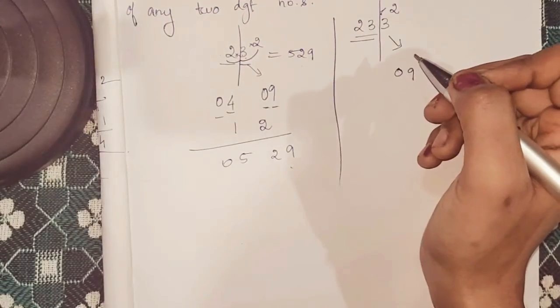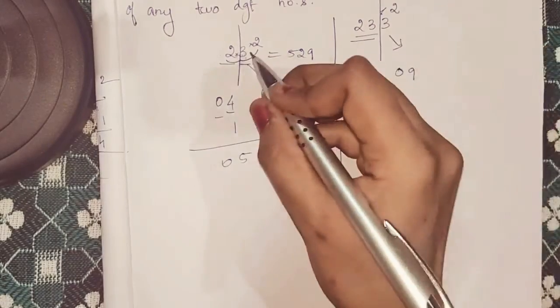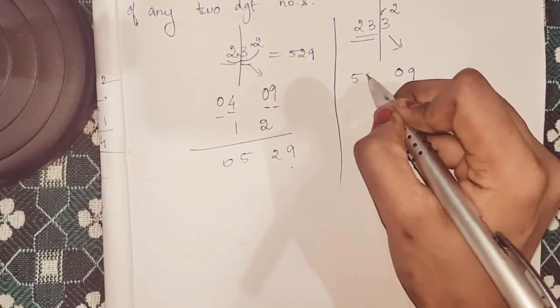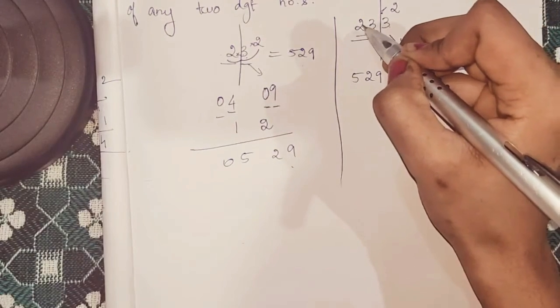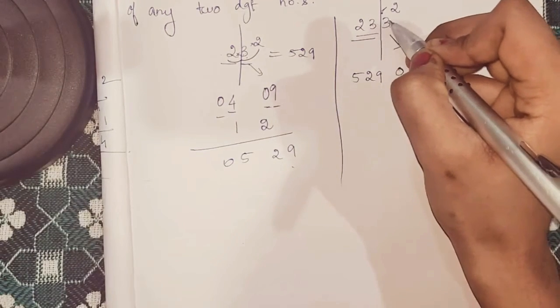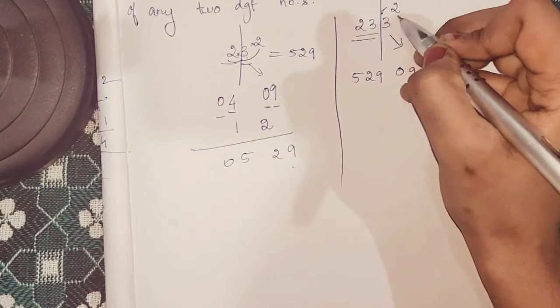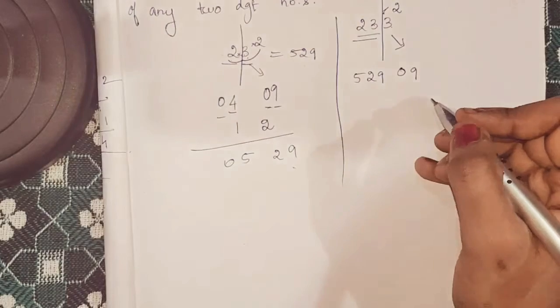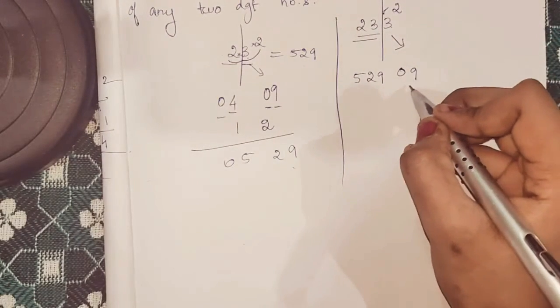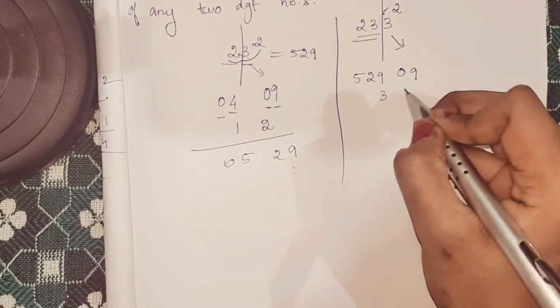What is 23 square? 23 square we have already found out as 529, right? Now you have to multiply everything. There is 2 into 3, that is 6. 6 into 3, that is 18. 18 into 2 is 36. So you have to write 36 here.